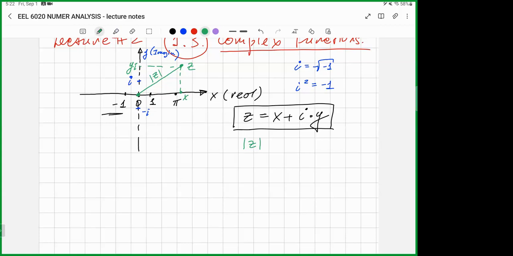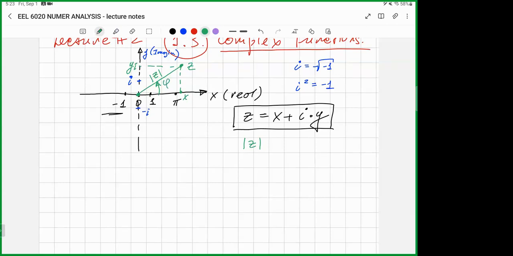So this is the length of this line, and of course we need another parameter, not only modulus z, because we can, for example, rotate this line around. So we also need this angle phi, which we count from the axis x. So this is angle phi.